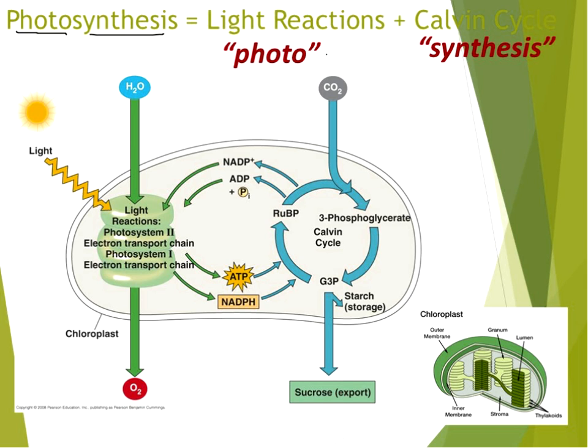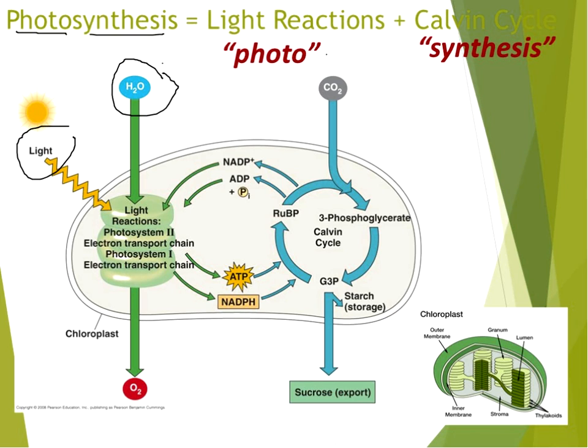So inside the chloroplast, we have these stacks of little green discs that look like coins, and those stacks are called grana, and the individual coins are called thylakoids. Within those little coins is a space called the thylakoid space, or also the lumen, okay? What happens in the light reactions is that's where the light is necessary, and also water. So the light reactions require water and require light.